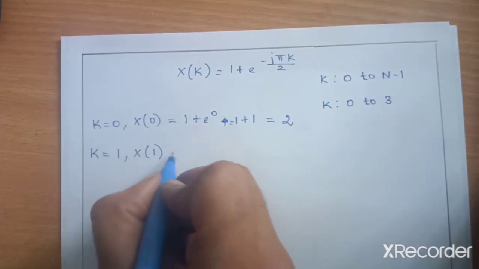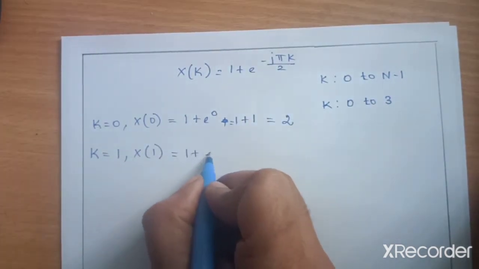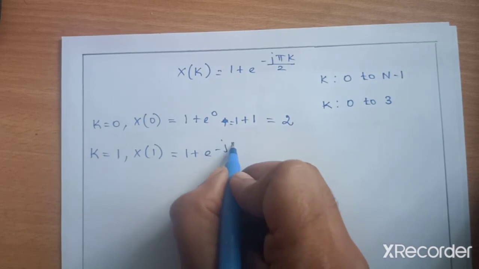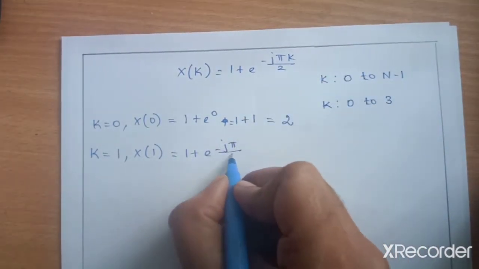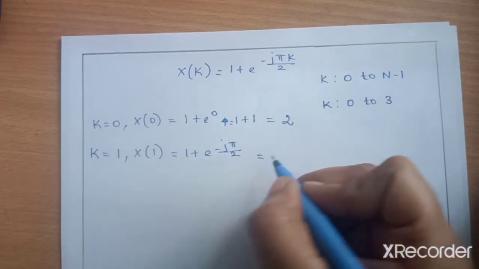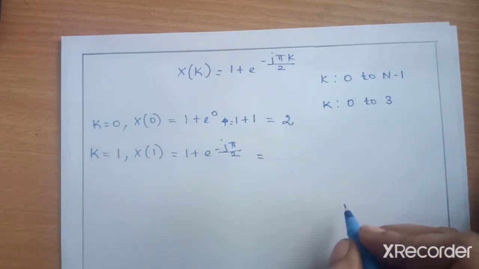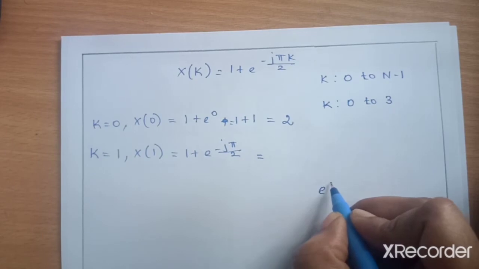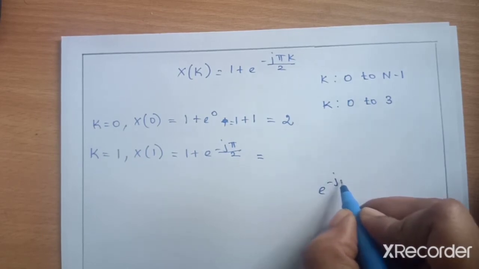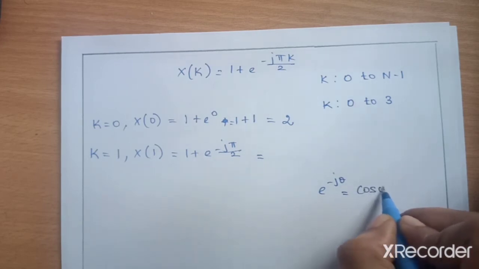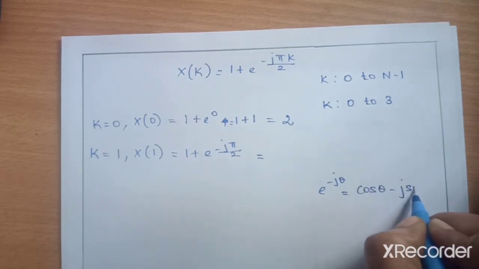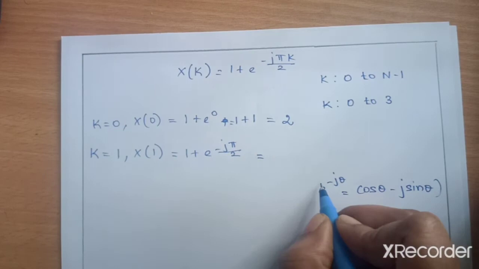So X of 1 is equal to 1 plus e power minus j pi, where you substitute the value of k as 1, divided by 2. Next you have to write this term as, we already know that e power minus j theta can be written as cos theta minus j sin theta.